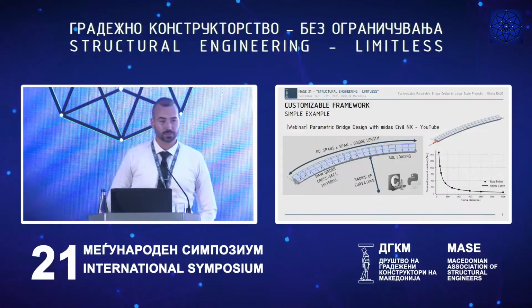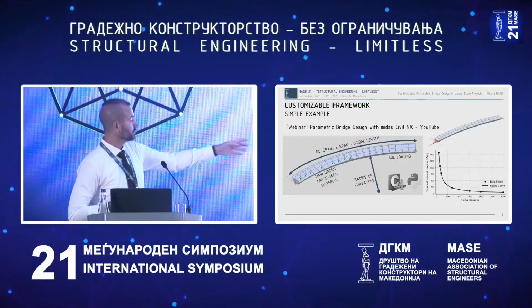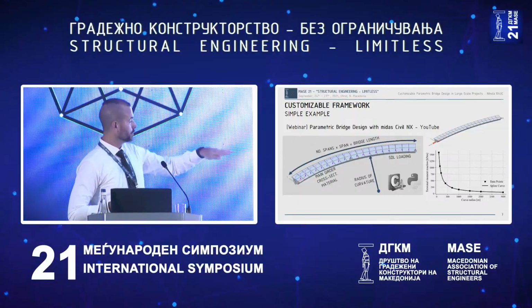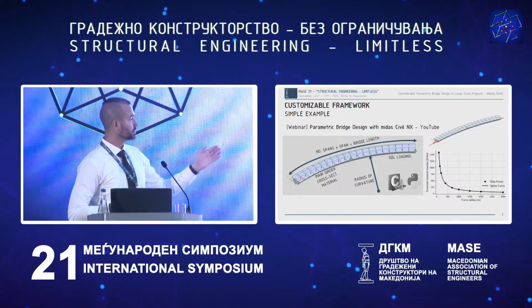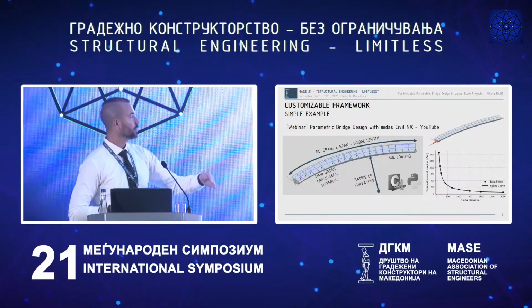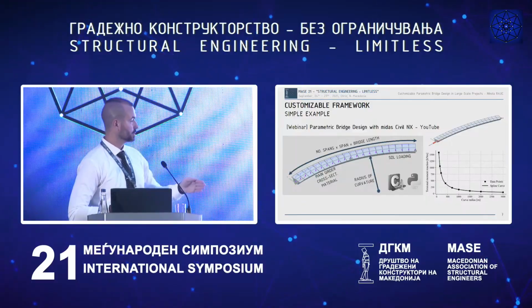And using this parametric model, series of structural calculations were done, and you can see on the right that we have looked at the torsional reaction, because this bridge is in curved alignment. For vertical loads, it also exerts torsional moment as a reaction.